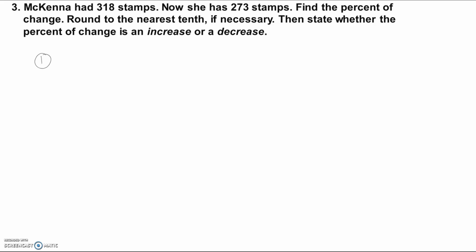So we just subtract 273 minus 318, which gives me a negative number, right? 273 minus 318 is going to be negative 45. That just tells me it's going to be a decrease. I don't need to worry about this negative for the rest of the problem, though. We know our amount of change, even if it went up or down, it's still 45. So 45 is our amount of change.